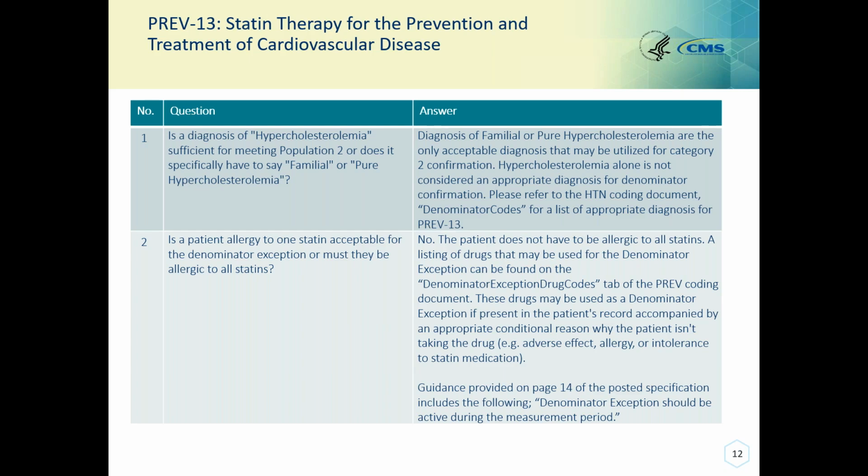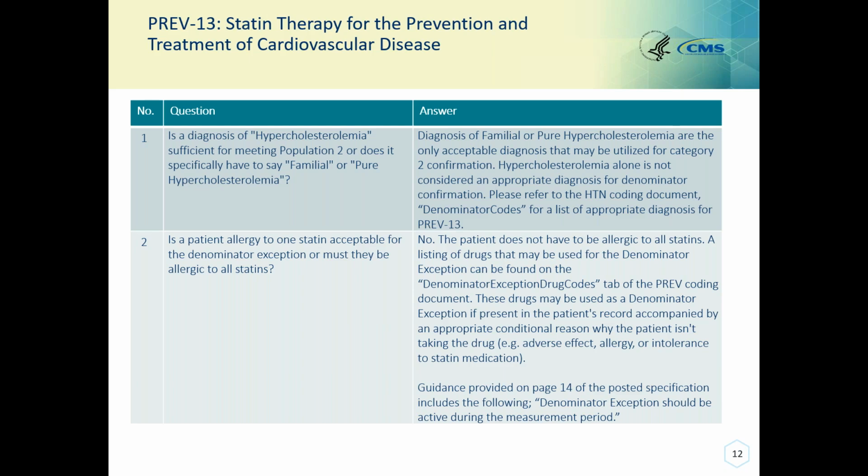Question 2 is, is a patient allergy to one statin acceptable for the denominator exception, or must they be allergic to all statins? No, the patient does not have to be allergic to all statins. A listing of drugs that may be used for denominator exception can be found on the Denominator Exceptions Drug Codes tab of the PREV coding document.